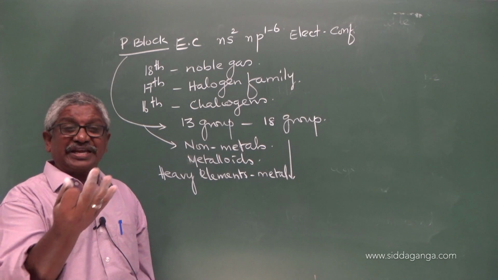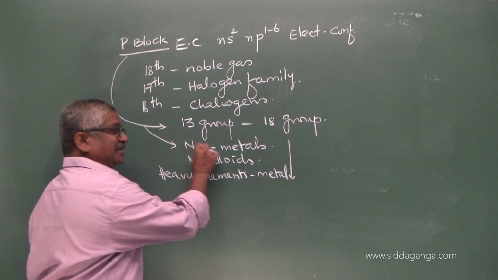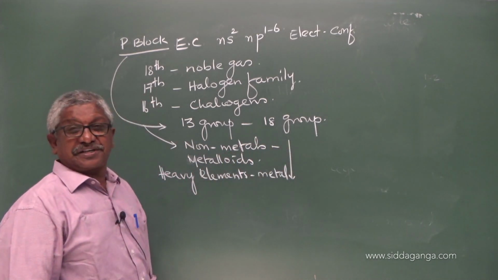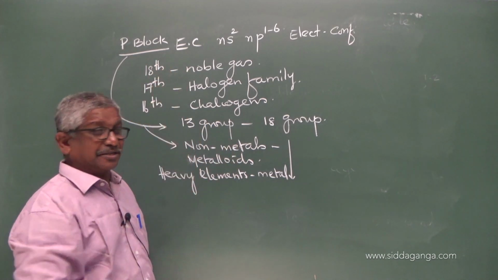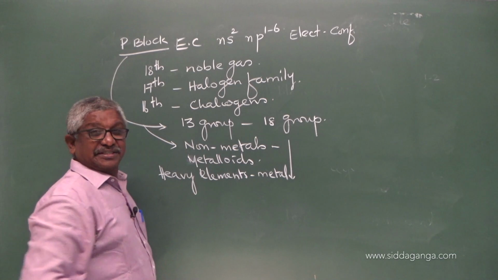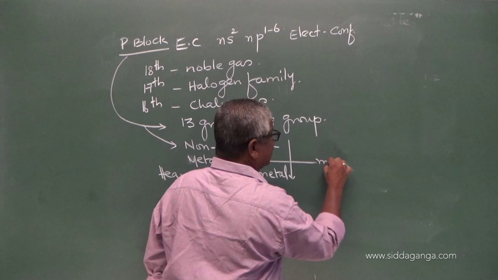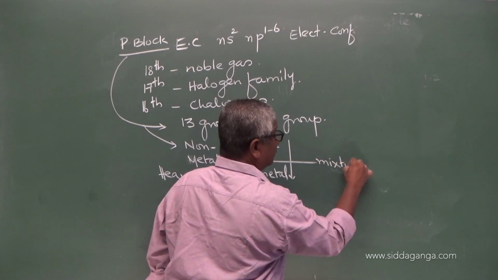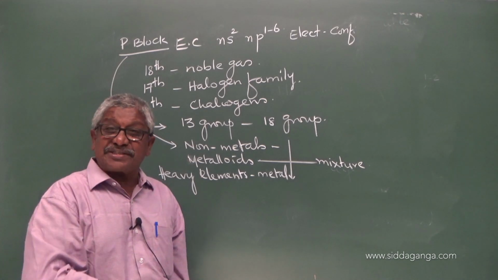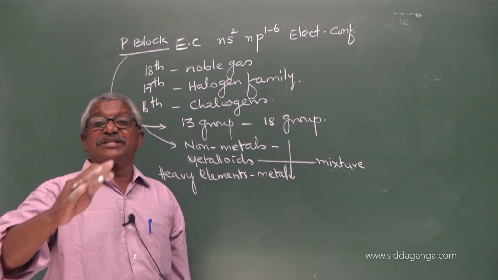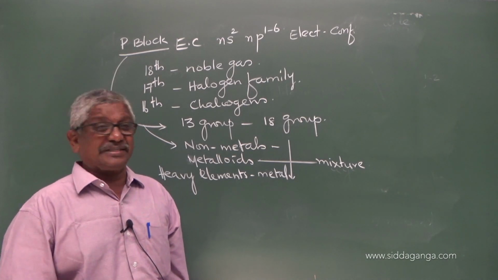In P block, we get three types: non-metals at the top, followed by metalloids. What are metalloids? They have mixed properties. Partially they can behave as metals and also as non-metals.